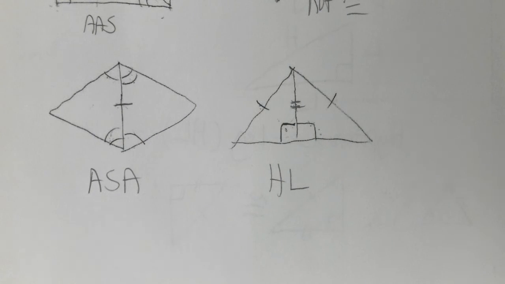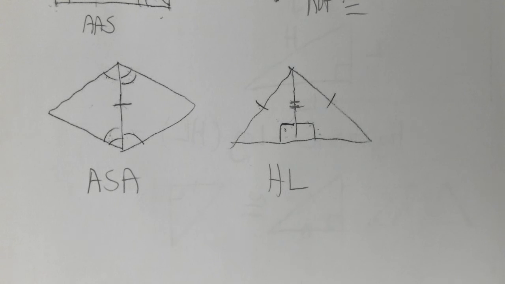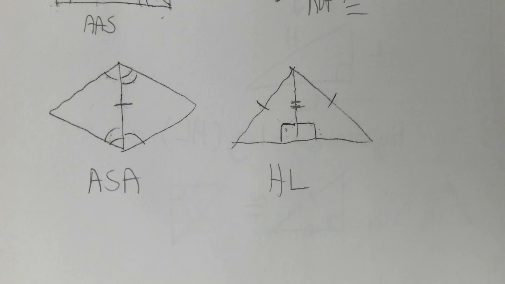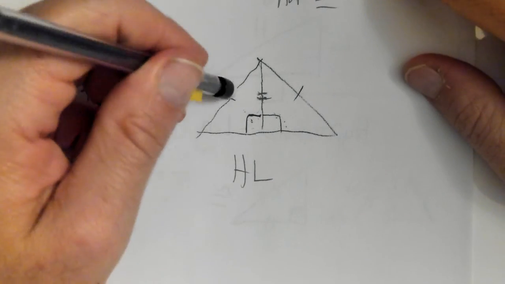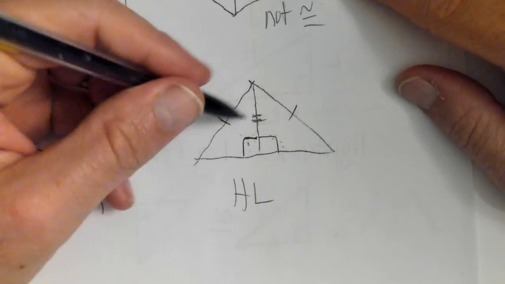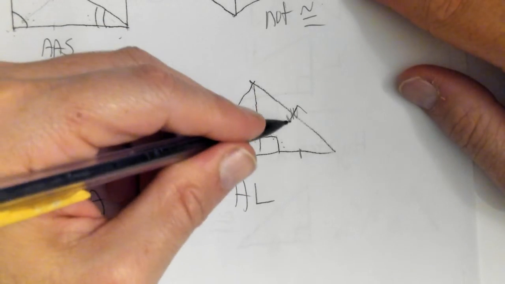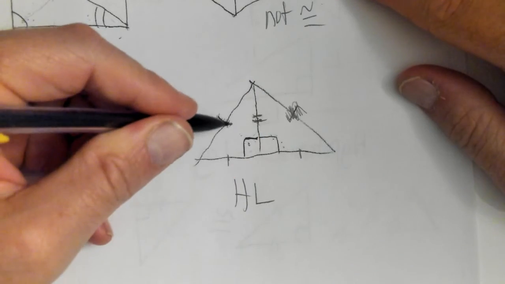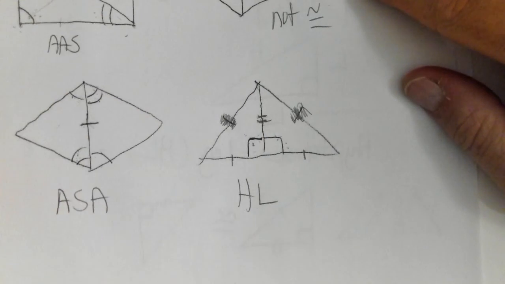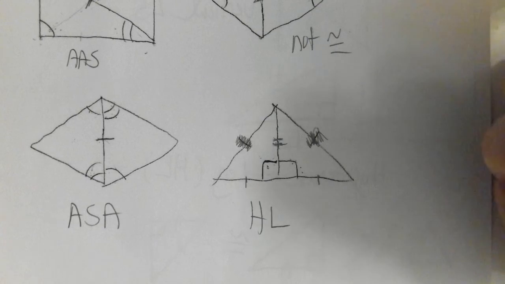There's your answer. And with this right triangle, here's another thing. I know hypotenuse leg is the theorem, but imagine if it wasn't this side that was marked. What if my mark was down here on the other leg? What would we say then? Now it doesn't fit hypotenuse leg, so you might be saying it's not going to be congruent.